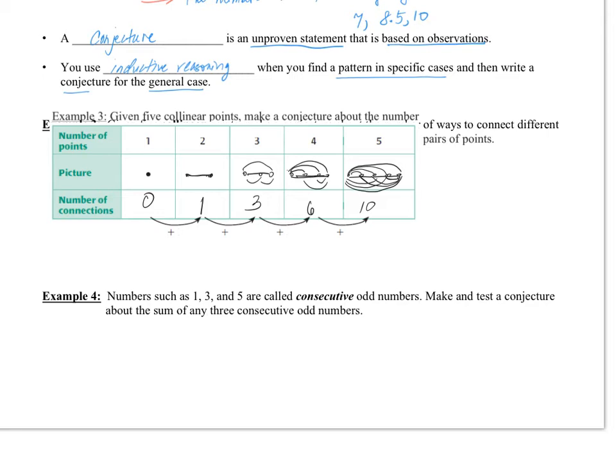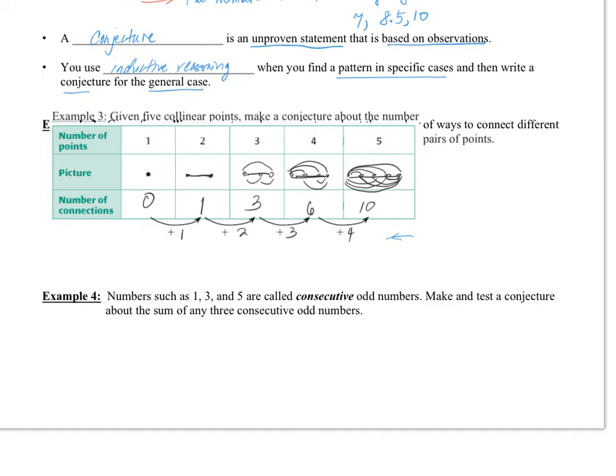So let's look for a pattern here. Plus 1, plus 2, plus 3, plus 4. So the conjecture here is that for every increase in the number of collinear points, the number of connections would increase in this pattern we have here.